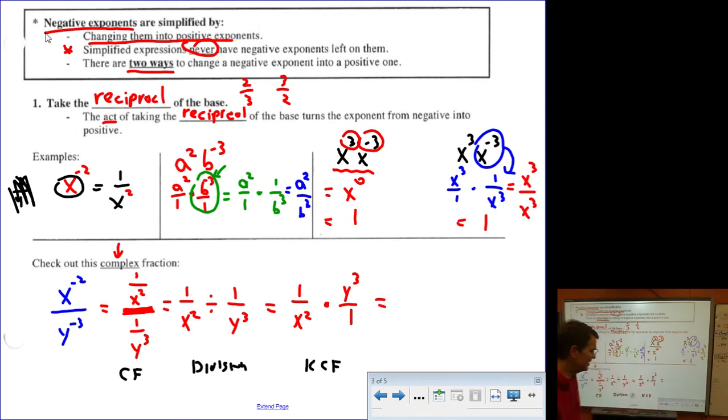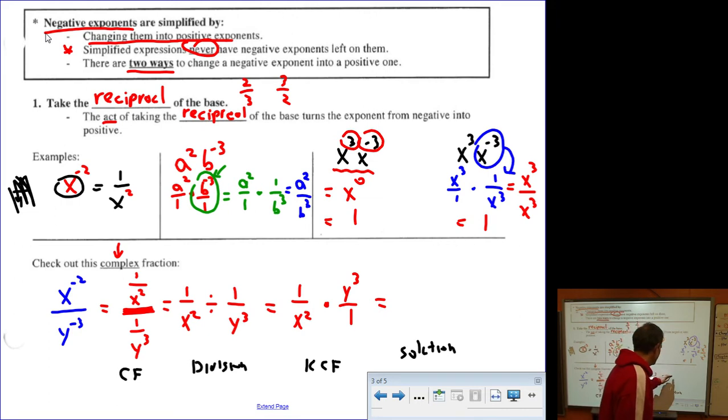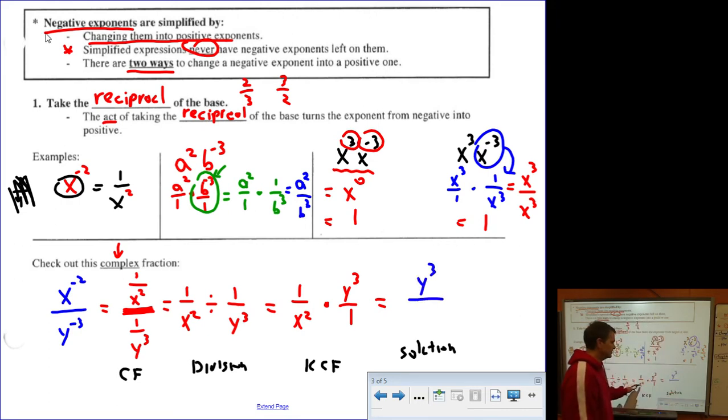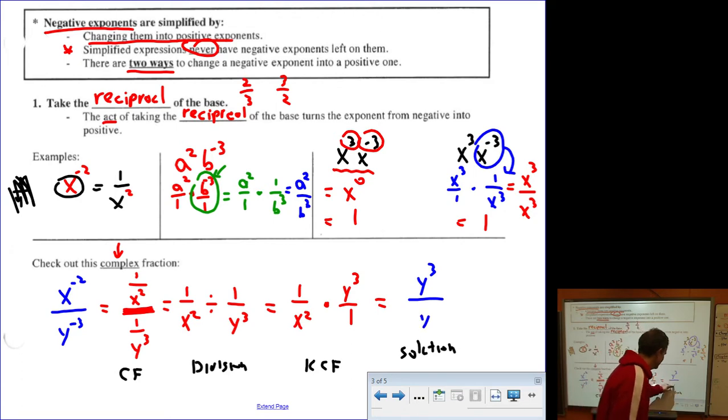And finally then, I can go ahead and multiply, and my solution would be 1 times y to the third is y to the third, and x squared times 1 is x squared. Now, that's a lot of work to do.